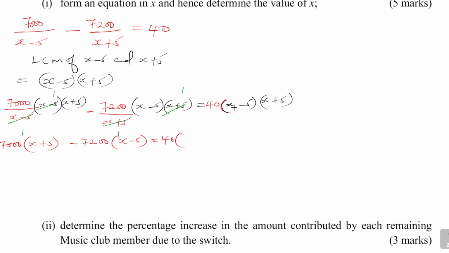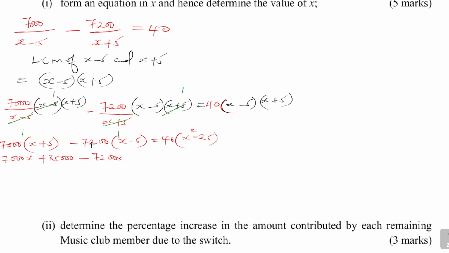Then when you expand these, X plus 5 multiplied by X minus 5, when you expand that, you'll get X squared minus 25. Now we can proceed and open the brackets. So this will give 7,000X plus 35,000. Then subtract 7,200 times X, that will give minus 7,200X.